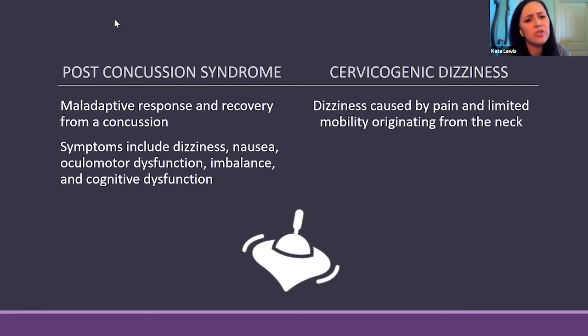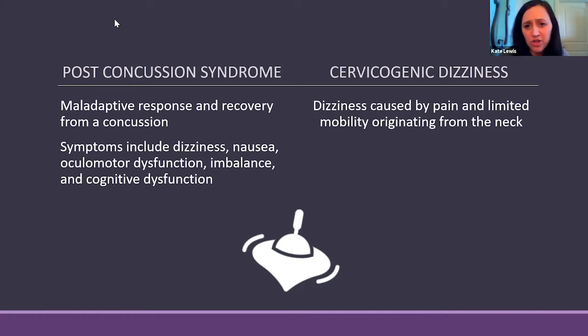And so individuals will present with dizziness and eye dysfunction, ocular motor dysfunction, memory issues, difficulty with speech and word recall, maybe imbalance, nausea. It's just, they're kind of stuck in this poor recovery from the concussion.